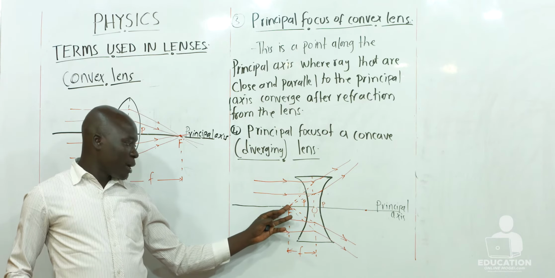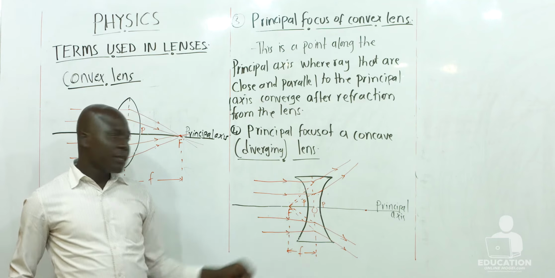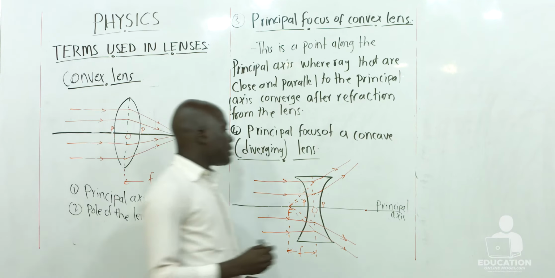That point where the ray appears to be coming from is what we call the principal focus of a concave lens.